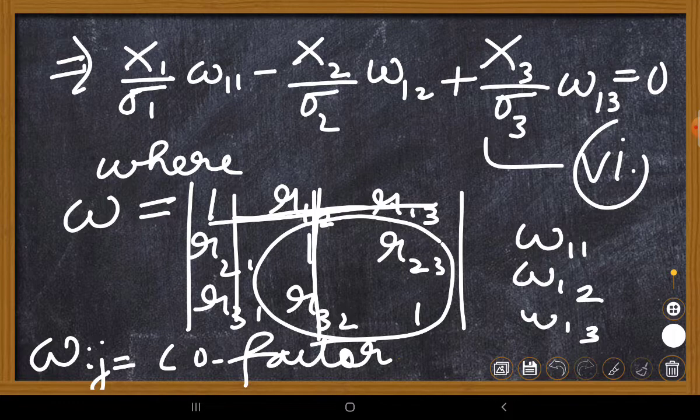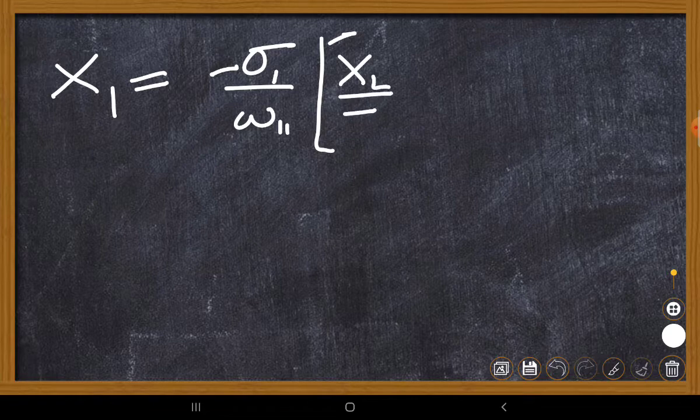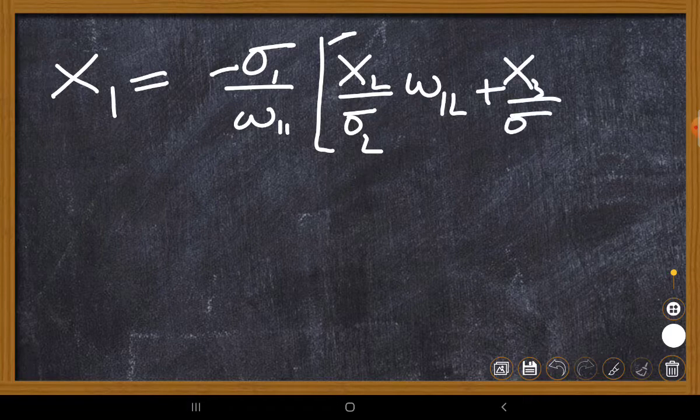Now go back again to equation 5, and you will have an expression for x1. x1 can be expressed as minus sigma 1 by omega 11 into x2 by sigma 2 omega 12 plus x3 by sigma 3 omega 13.